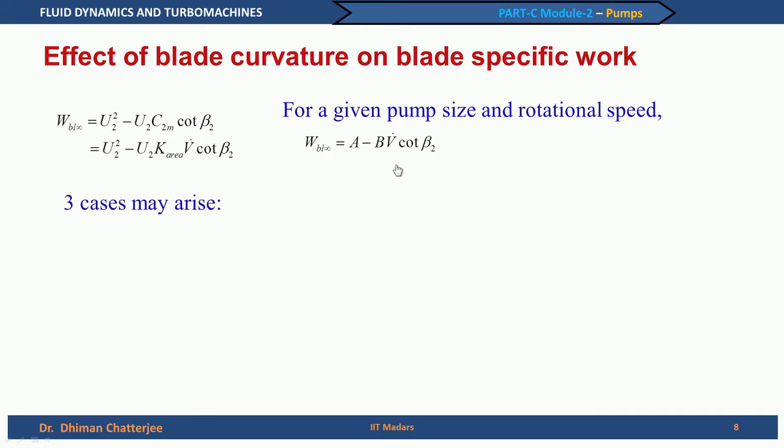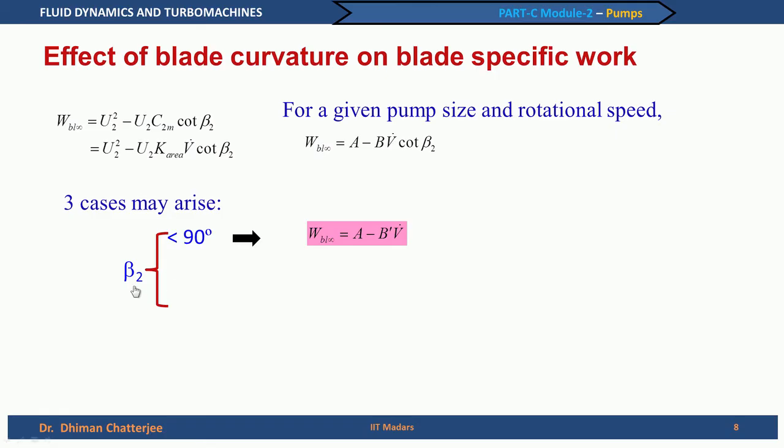And three cases may arise depending on the values of beta 2. I may say that I will have a value of beta 2 less than 90 degrees, equal to 90 degrees, or greater than 90 degrees. If it is less than 90 degrees, then I get that WBL infinity is A minus B prime V dot. Why am I writing B prime? Because I am taking B cot beta 2, because in this case beta 2 is fixed, the blade has a definite curvature.